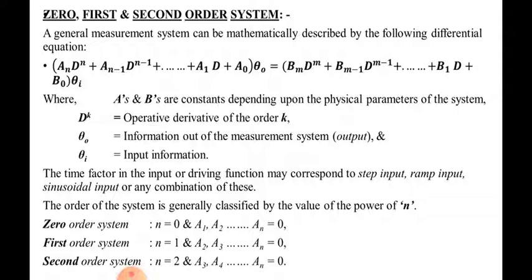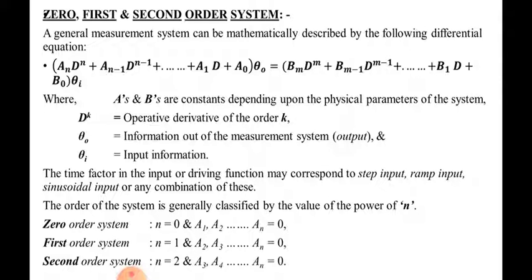Then D^k is the operational derivative of order k, and theta 0 is the information out of the measurement system, which acts as the output, and theta I is the input information.